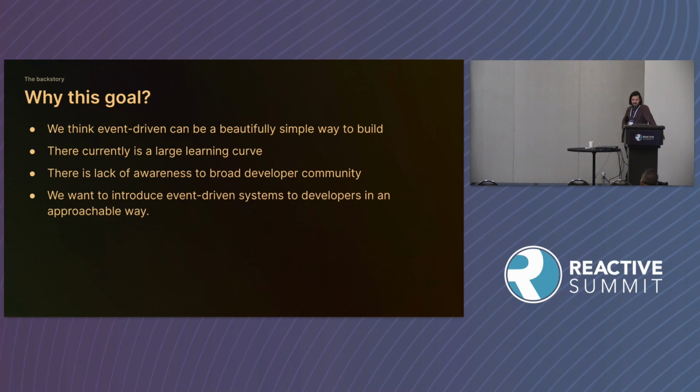But I think this can push introducing the basic event-driven concepts to the average developer to being a non-starter. It can feel sometimes like it's only a senior architect or an enterprise architect type thing. And sometimes architecture diagrams alone are enough to scare off most of the average developers and small teams working on this.